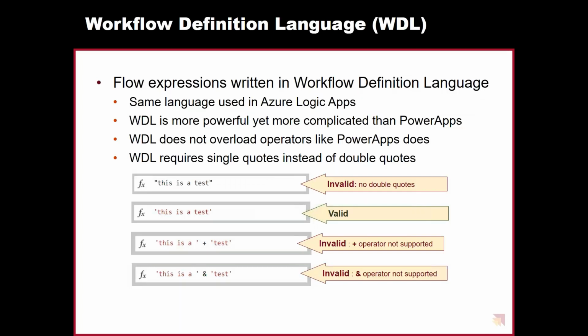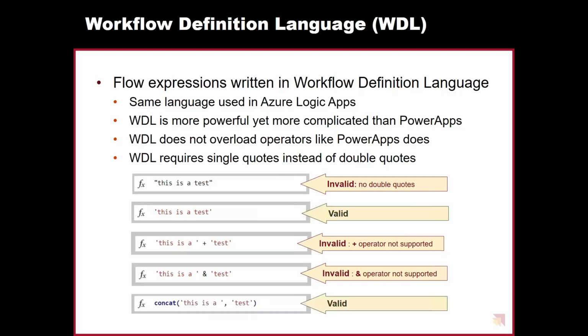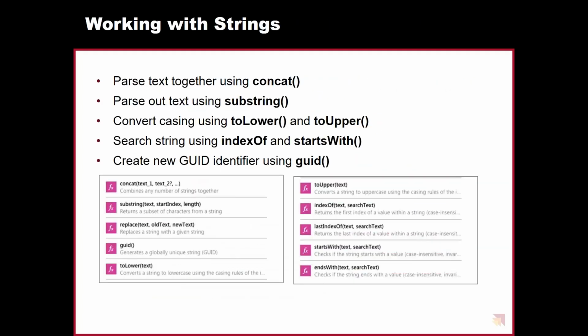So there are no operators for things like strings and numbers. If you want to concatenate things together, you have to call the concat function. So there is an example of calling concat with two arguments. You can add a comma and a third string, comma, a fourth string. So concat takes as many arguments as you'll pass it, but once again, you have to write that code, and most people don't expect that.